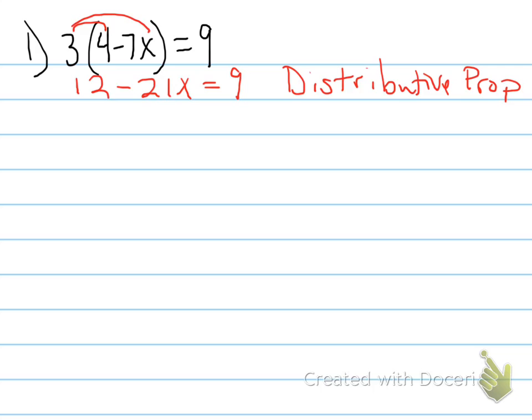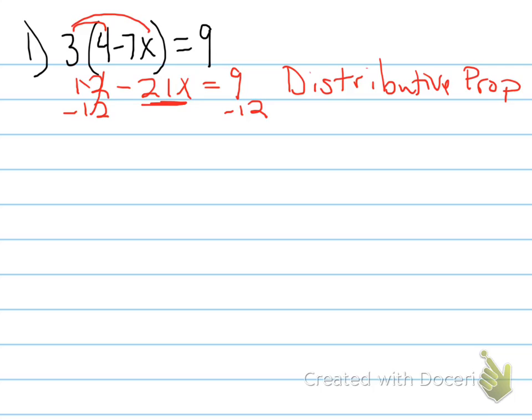The next thing we need to do is get our variable terms on one side, which we have right here, and then get our constants, the 12 and the 9, on the same side. We want the constants on the opposite side as a variable term. So I want to move that 12 to the right side. So I'm going to subtract it, because I need to make 0 here.